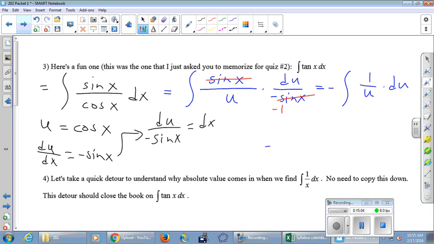Okay, so this equals, copy the negative, this becomes ln of u plus a constant. There was that technicality about the absolute value, so we'll keep putting it. And then finally, negative ln of, change the u back to cosine of x.